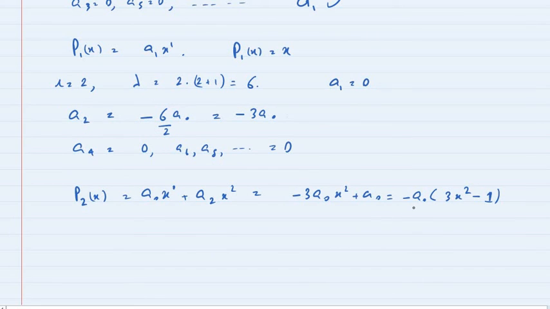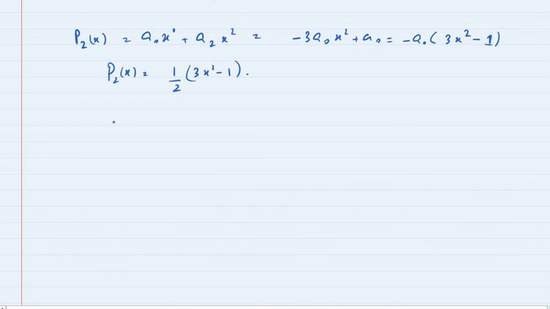Now after selecting A0 as minus 1/2, we can get P2(x), which is equal to 1/2 times 3x squared minus 1. Why we selected our A0 and A1 constants this way, I am going to talk about in a future video. Likewise, we can get P3(x) equal to 1/2 times 5x cubed minus 3x, and so on.